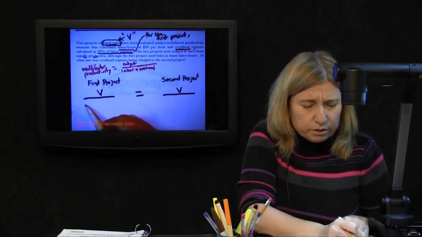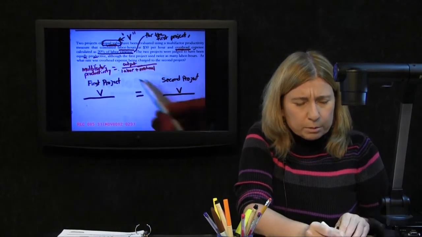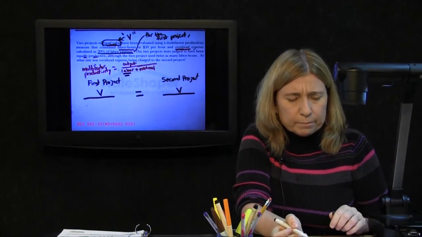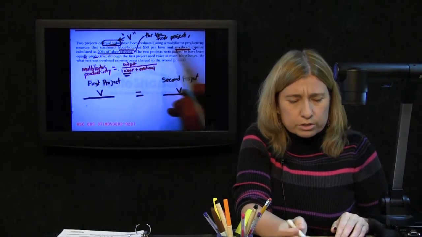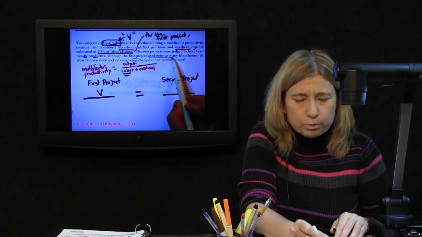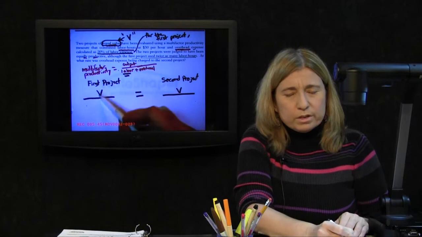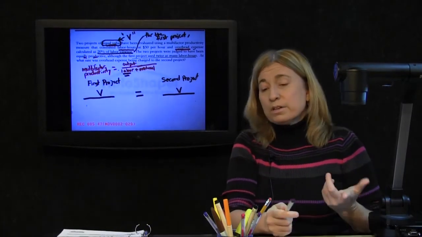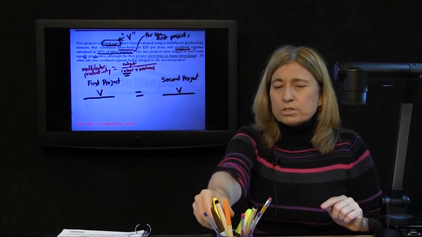I need to fill in down here labor plus overhead. Now, labor. We were told something about labor: $30 an hour. I know we're going to use that. And we were told that the first project used twice as many labor hours as the second. Speaking of symbolics, because that's the best way to track this down, let us choose another symbol.